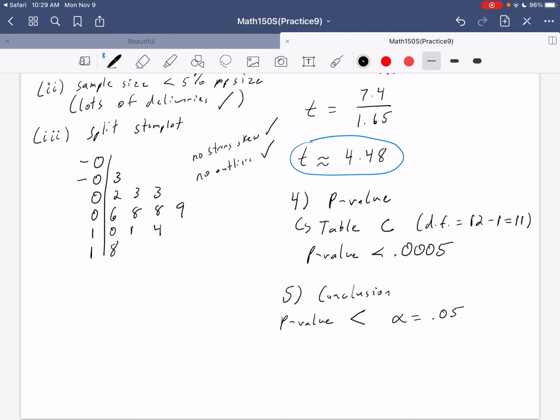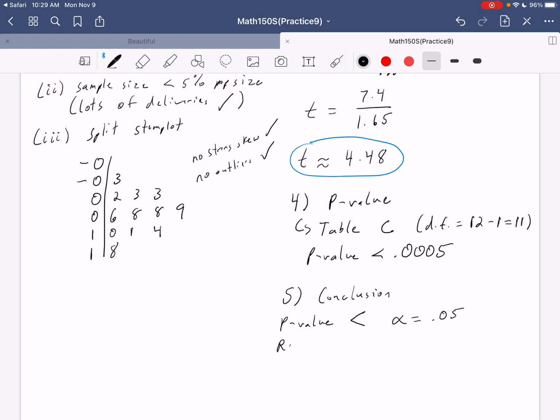When the p-value is under the alpha, remember the statistical conclusion we make is reject H0. So whenever the p-value is smaller than alpha, we reject H0. What does that mean in context? Well, rejecting H0 is successfully rejecting the null, meaning we successfully found evidence for our claim. So we'd say significant evidence that, and then what was our claim?